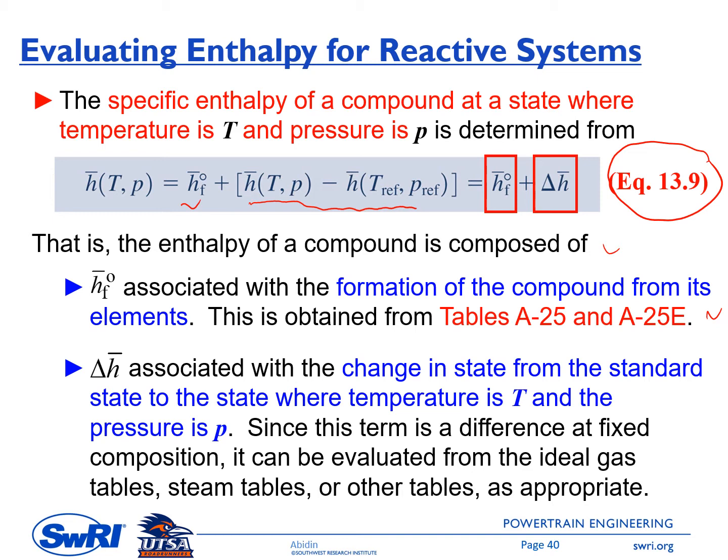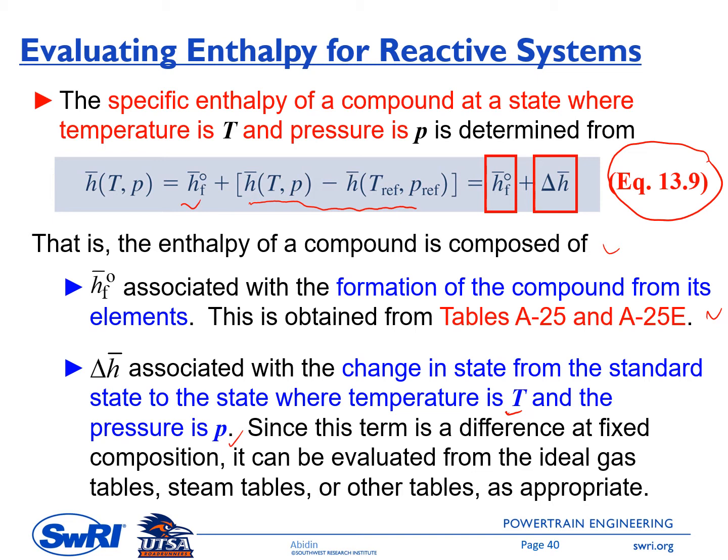And then delta h is associated with the change in state from the standard state to the state where the temperature is T and pressure is P. Since this term, delta h, is a difference at fixed composition, it can be evaluated from the ideal gas table, like table A-23, or the steam table when it is water vapor, so table A-2 or table A-4, or other tables as appropriate.